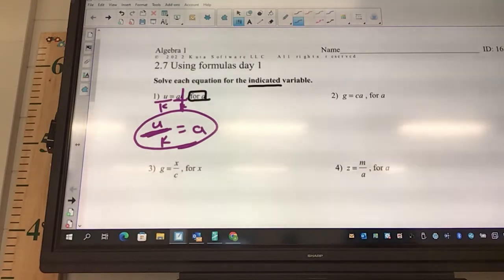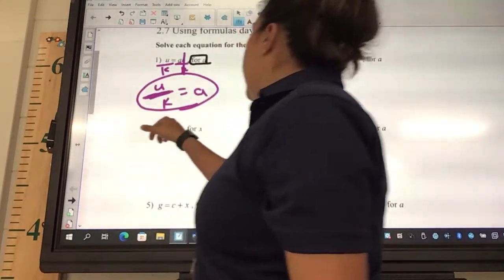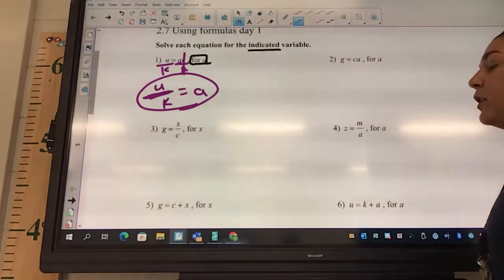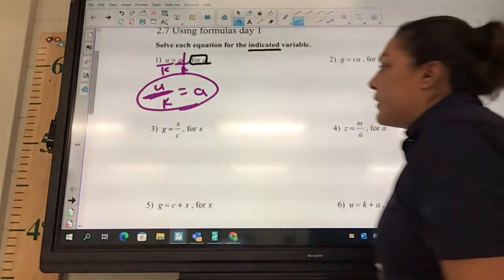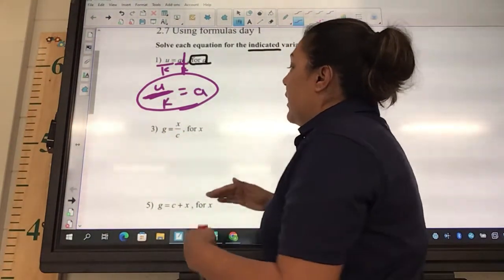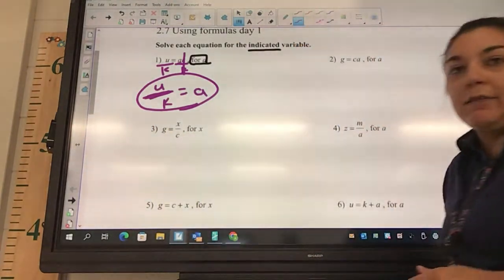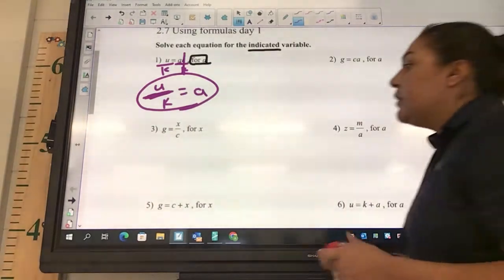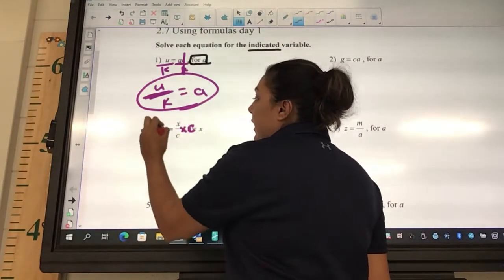Most of these, especially on the front page, are going to be fairly easy. I got G equals X over C, and we're going to be solving for X. Anything on X's side of the equals needs moved. I see X divided by C, so I need to move the C to the other side. We're going to say times C, and if I do it to one side, I have to do it to the other.